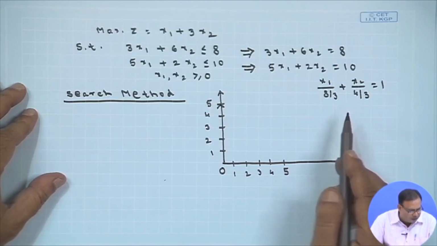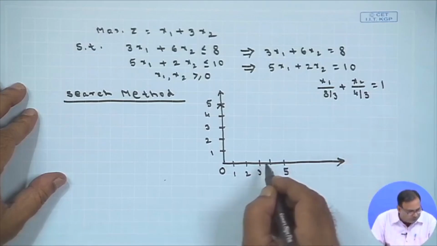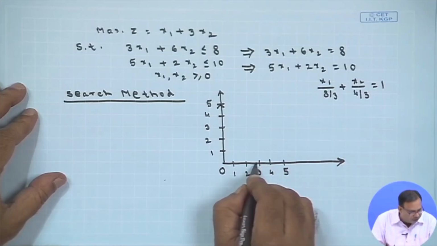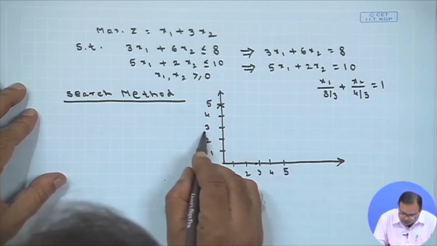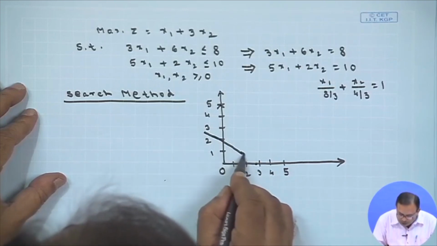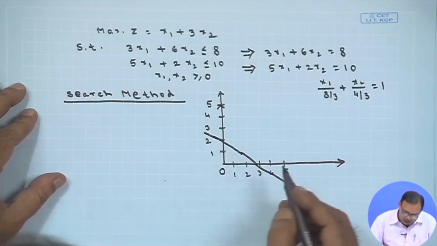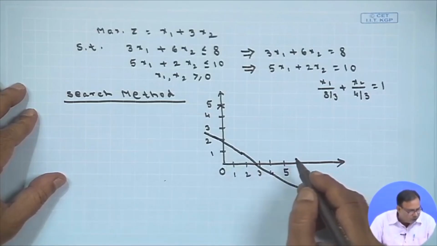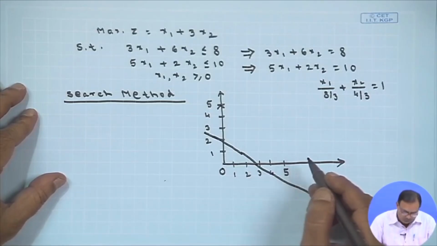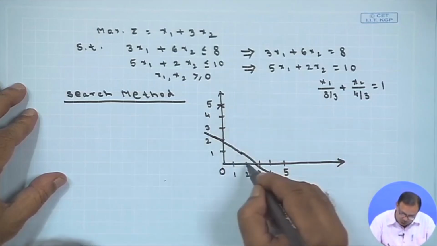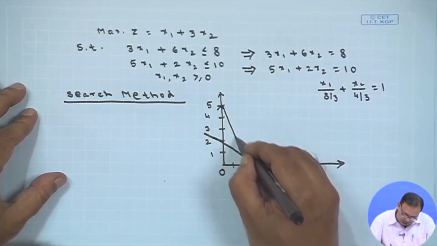One line will go through just below 3 here and the point 2, and there will be another line which is going through 5 and 2.